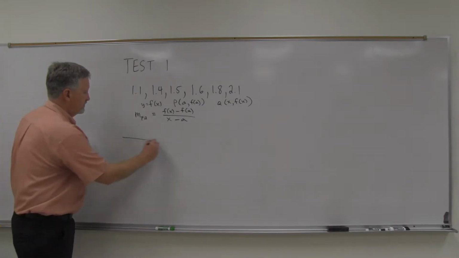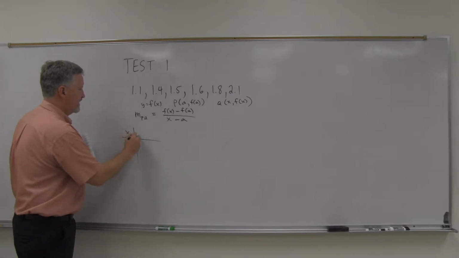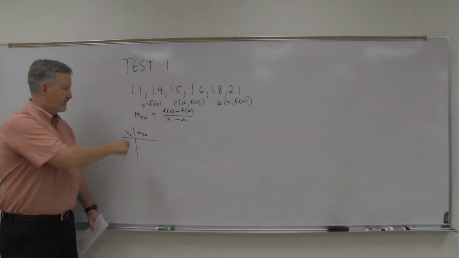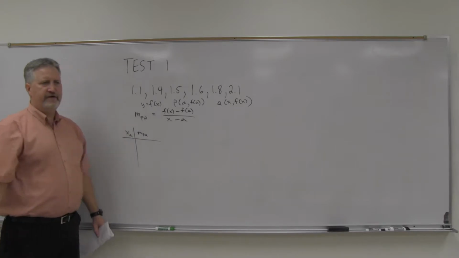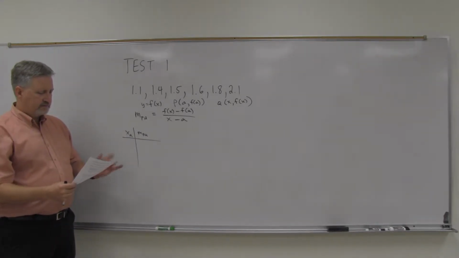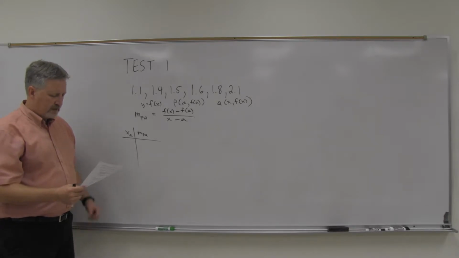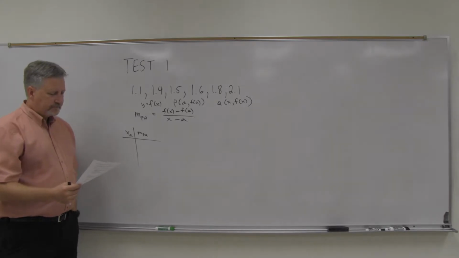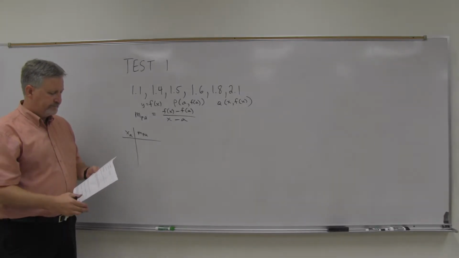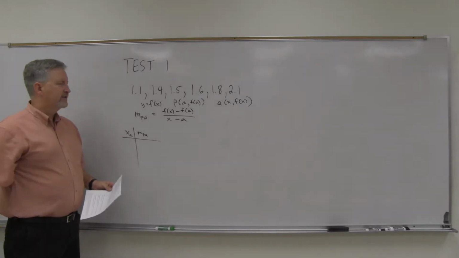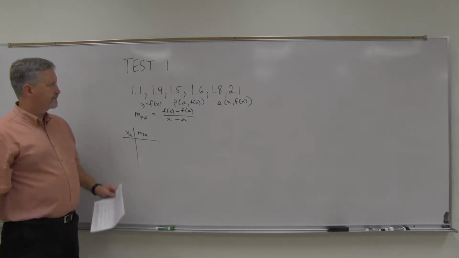Then you do a table where you do your xQ values and calculate these mPQ values and see what happens as you get the xQ closer and closer to the a value. So there'll probably be one like that, and it's on the review sheet here. I think it's number 9.